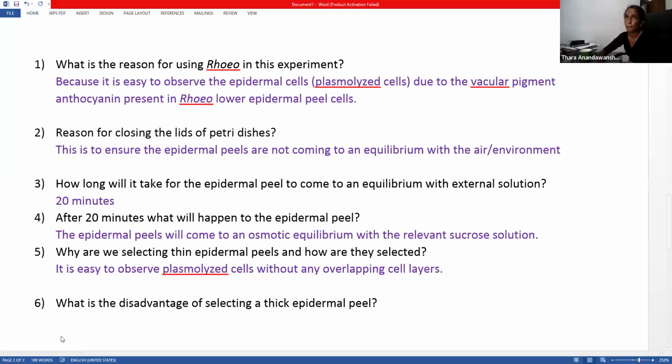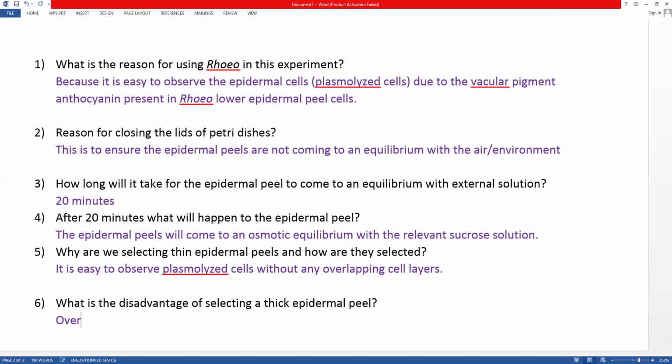Overlapping layers will disturb the observation. Agree? Okay then.